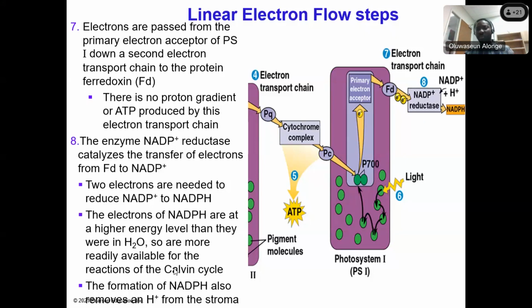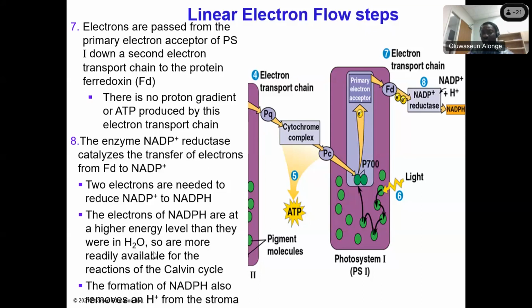Do you know what that means? The electrons released here are at the later end of the linear chain, right? They still have higher energy, because the more they travel, the less energetic they become. But these guys are still fresh. Their energy is still fresh. So they have more energy concealed in them that they can take to the Calvin cycle than the electrons that were in the water molecule.